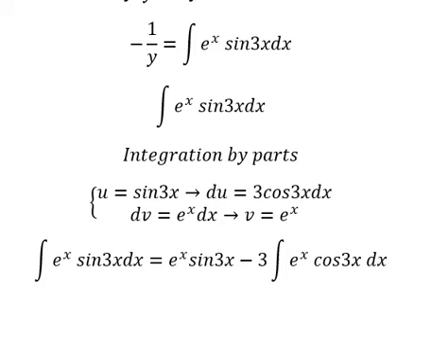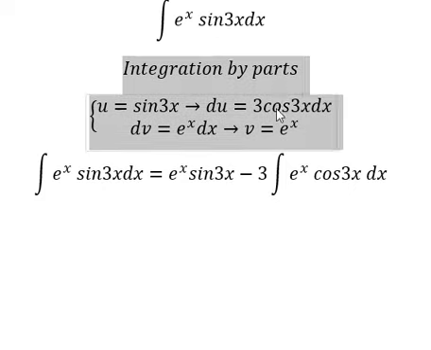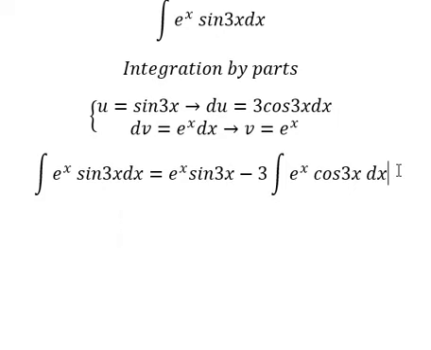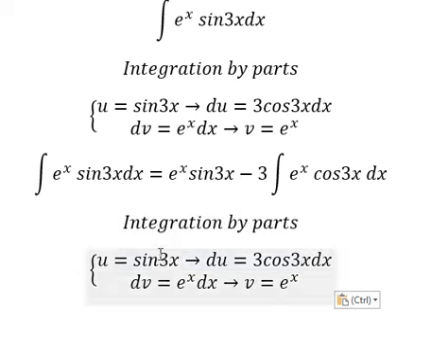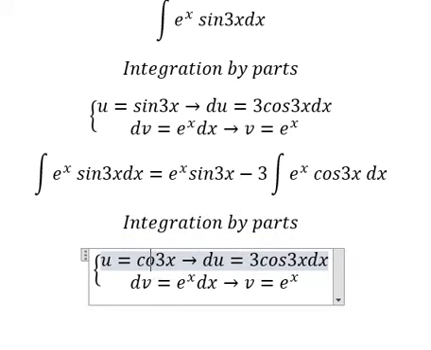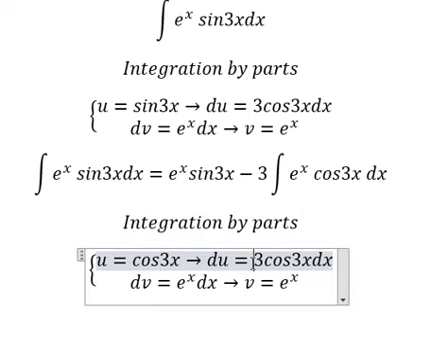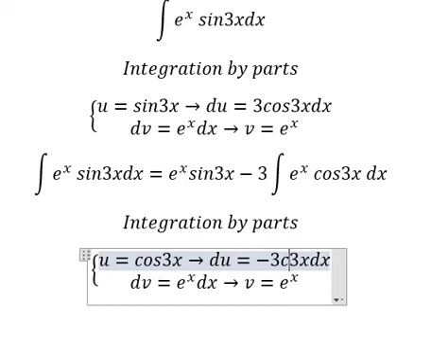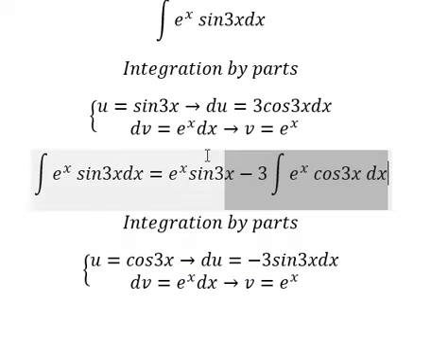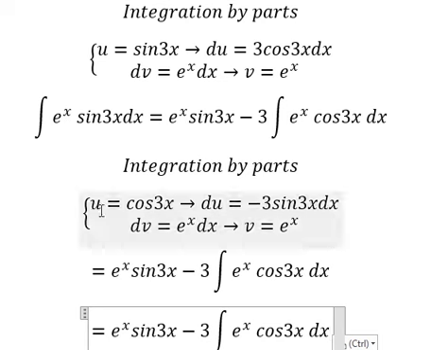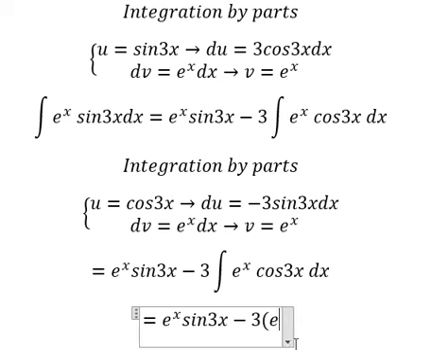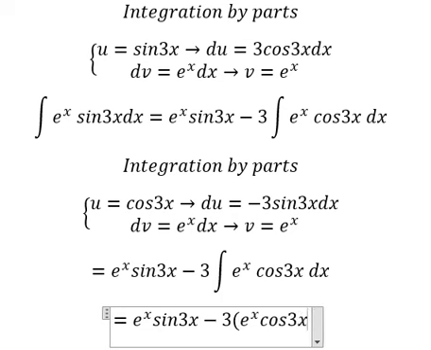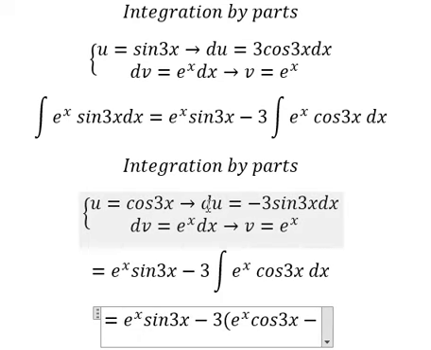Now we can use integration by parts again, but this time u is cosine 3x, and this is negative 3 sin 3x. So in this one we have u multiplied by v, minus the integral of u multiplied by v.